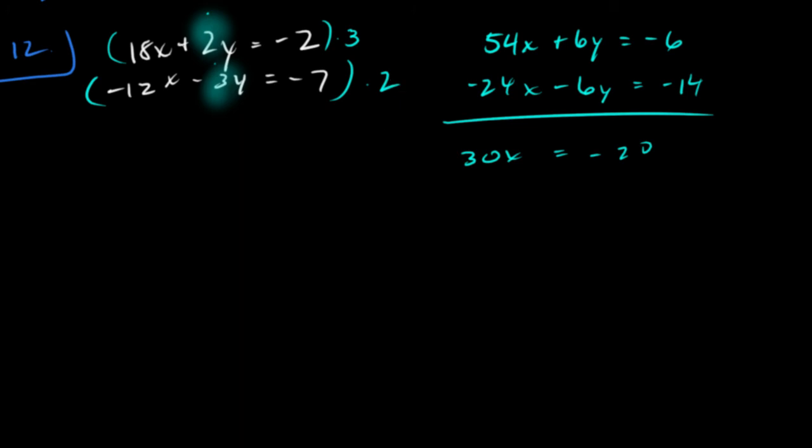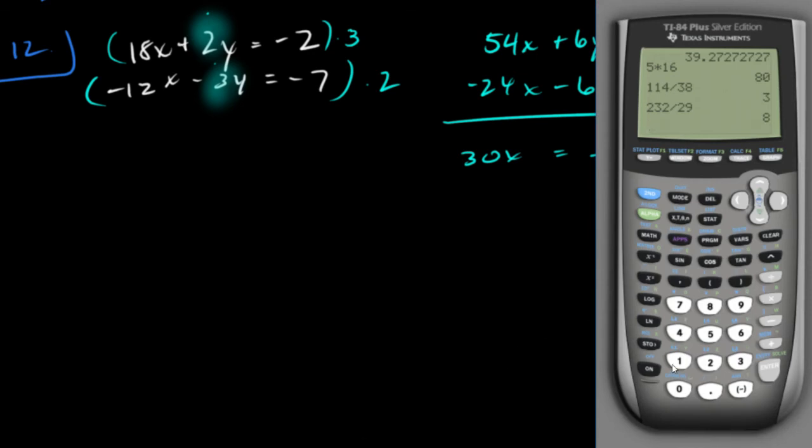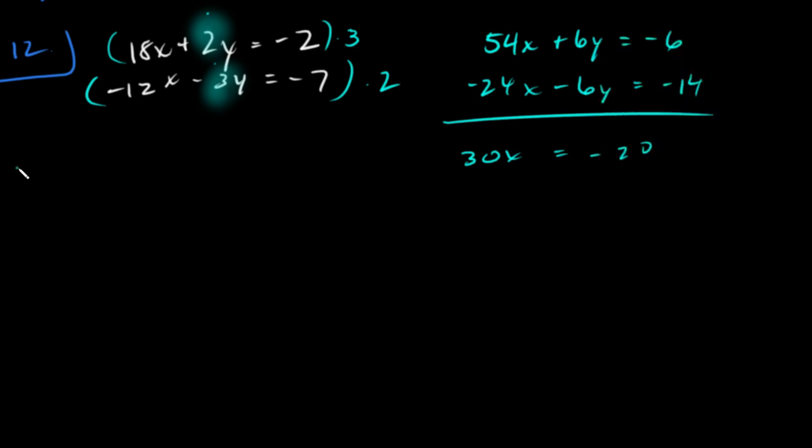Is 3 times 18 54? Negative 24, that'd be 30. And then negative 6 and negative 14. I guess we're just getting fractions.